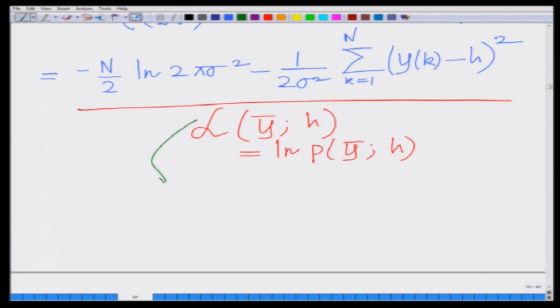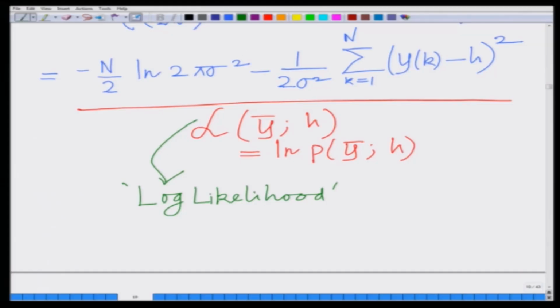Instead of maximizing the likelihood, I can maximize the log likelihood of the observation vector y bar.